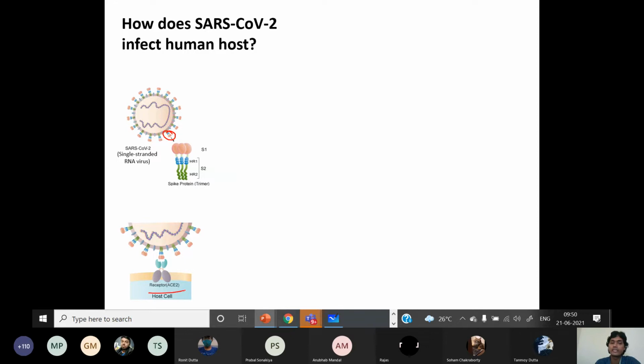Even in the newspaper you will get it: ACE2 of the human host. ACE2 is a protein present on the host cell that is the receptor for this virus. The spike protein interacts with or binds to the ACE2 receptor. As a result, this interaction leads to endocytosis of the virus, meaning the virus goes inside the host cell.